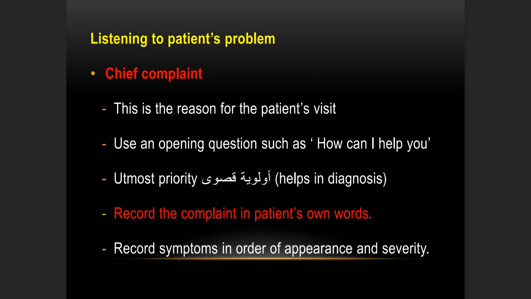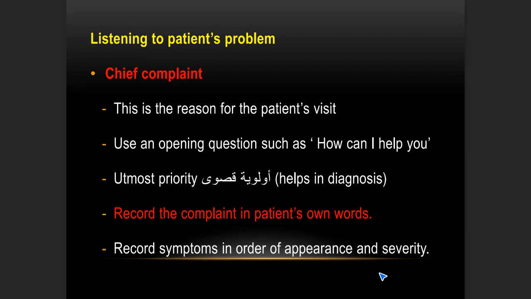Now, if you get a patient like that, what you have to do is ask which symptom occurred first. Was it pain which came first, or was it swelling which came first? You all are getting me? That is what I mean by recording symptoms in order of appearance and severity. It should be recorded whichever comes first.